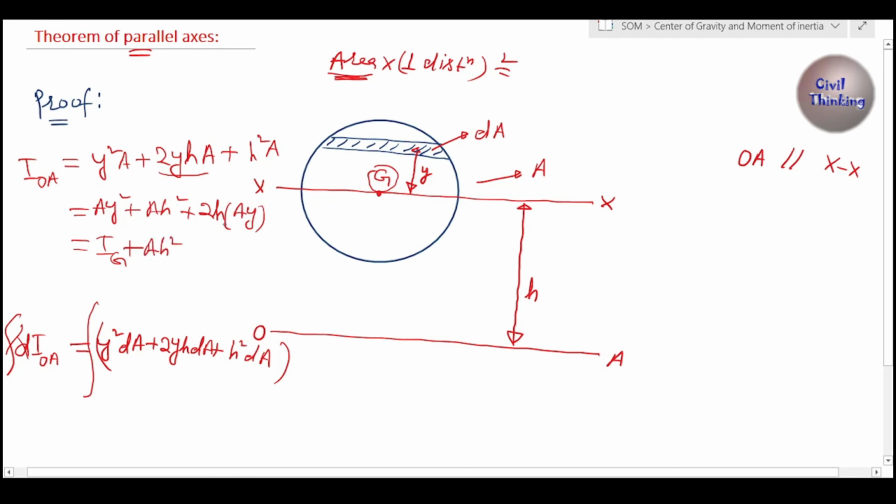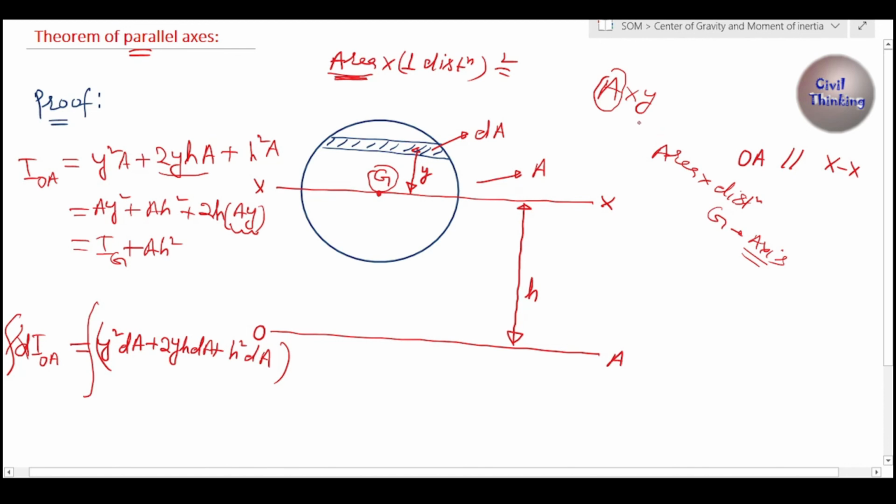Now look at this term very carefully. This is A multiplied by y. What is Ay? A multiplied by y is the moment of this whole area about the axis passing through the center of gravity. The moment of an area is area multiplied by the distance from the center of gravity to the axis about which we find the moment.